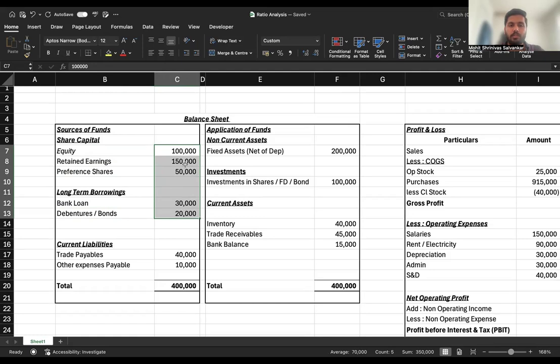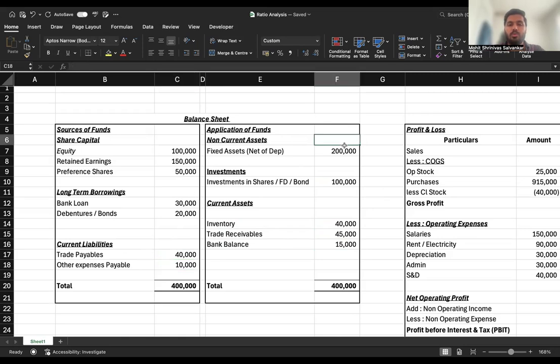Using these funds, we invested some money in fixed assets. Then we invested some funds in investments. Then we went to creditors and bought inventory from them, and we sold it. We got debtors here, as in sales which are not collected yet, and we have some balances. And we got creditors here from whom we took the inventory and have not paid them yet. And there are some expenses which are yet to be paid.